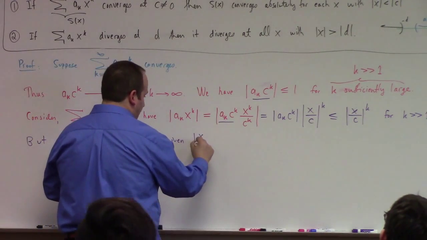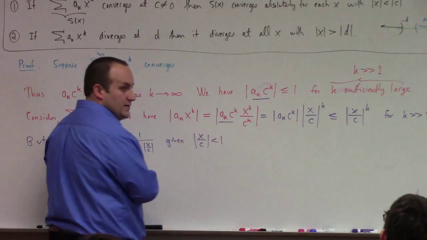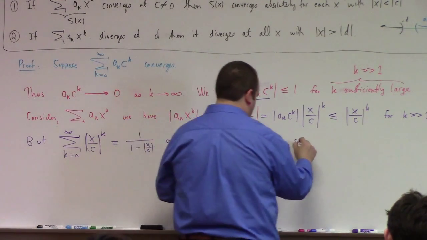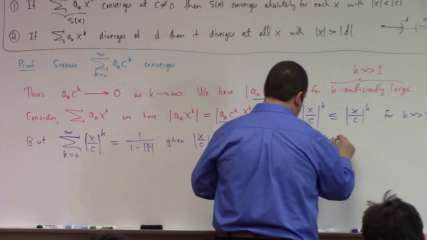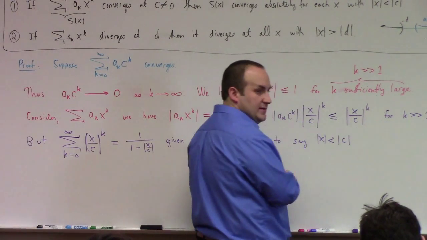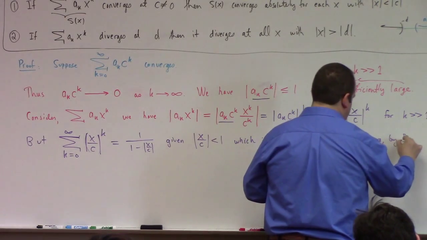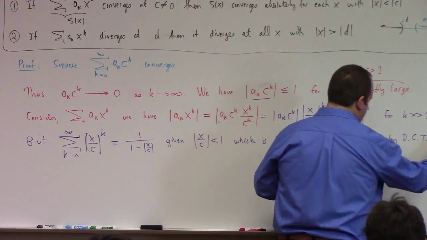We need that the absolute value of x over c is less than 1, which is to say the absolute value of x is less than the absolute value of c. Hence, by direct comparison test, we have 1.